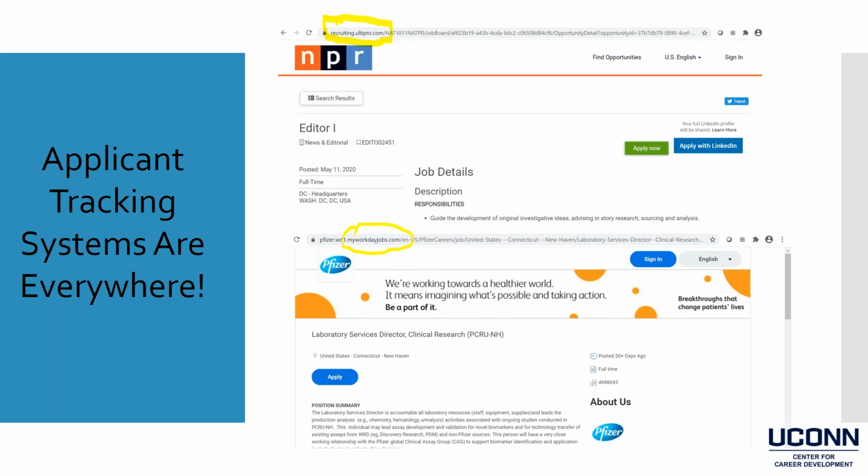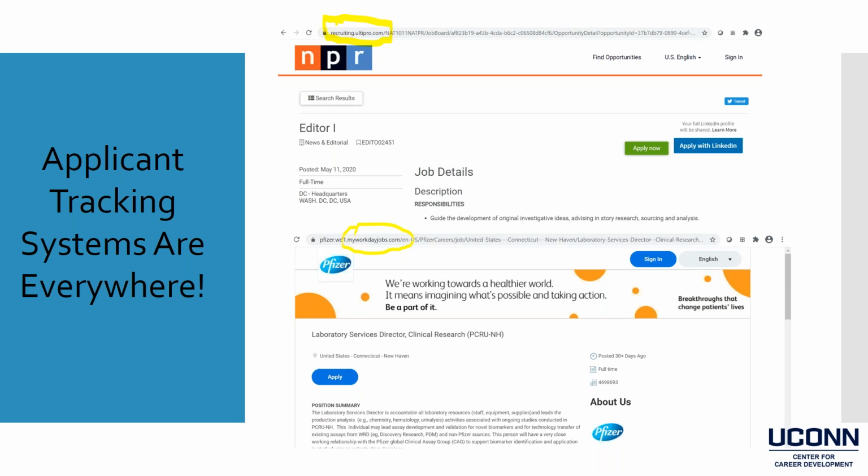And then here, let's look at this. This is a job posting for a position at Pfizer. And this one shows myworkdayjobs.com, which is yet another system. There are dozens and dozens, if not hundreds, of different systems.